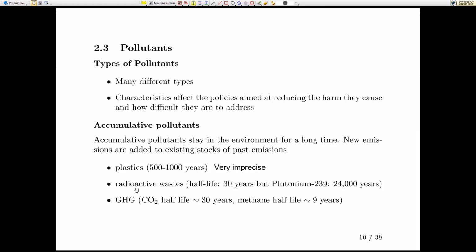But are all radioactive wastes the same? No. Some have half-lives of 30 years. So, just to clarify, what's a half-life? It's the time after which half of a substance has transformed into something else.